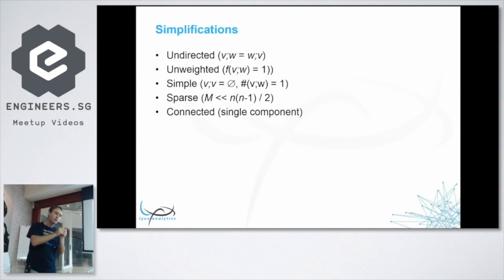It goes from vertex V to vertex W. But if I'm talking about an undirected graph, by definition I assume that the direction doesn't matter. So if VW is there, then WV is also there. I'm not going to count them separately.